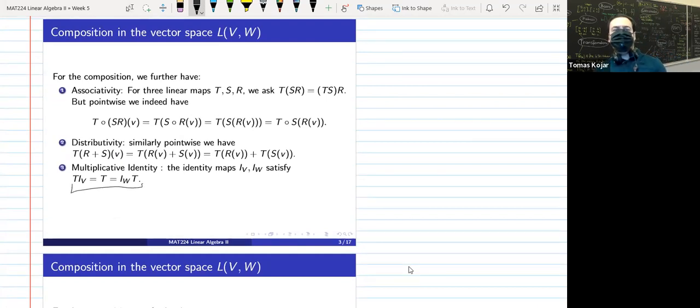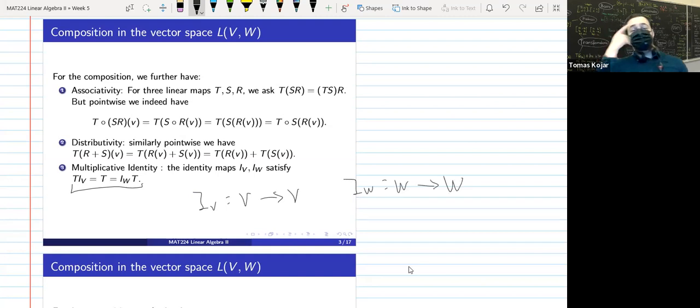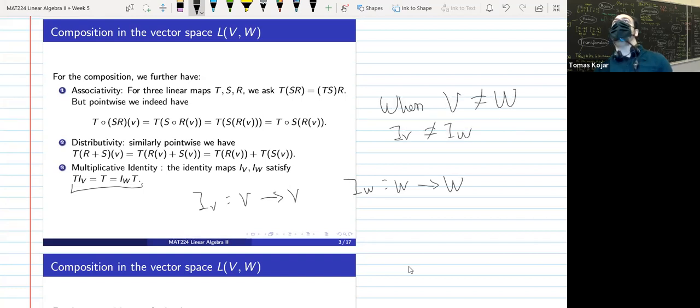So for identity of V, we just mean send V to V. And identity of W, we mean send W to W. So again, you do not have a multiplicative identity. When V is not W, I_V is not I_W.